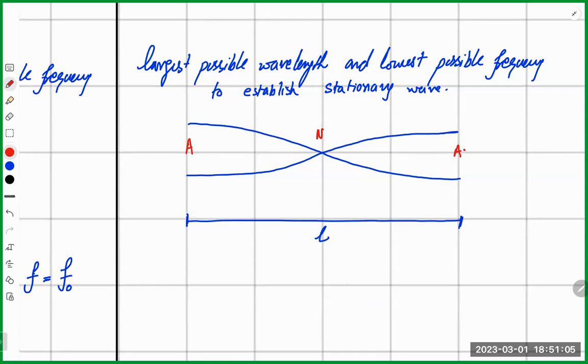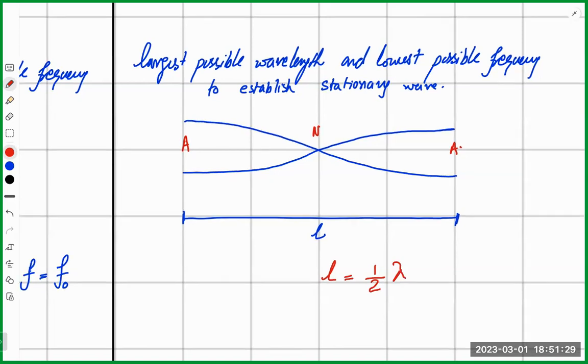In this case, if we start from an antinode and end on an antinode, what will the distance L be equal to in terms of lambda? Remember, if the distance from node to node is half lambda, then it is also half lambda from one antinode to another antinode.